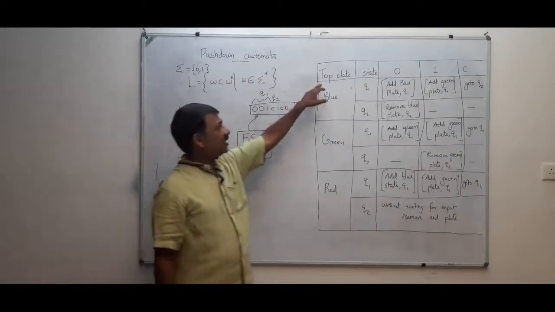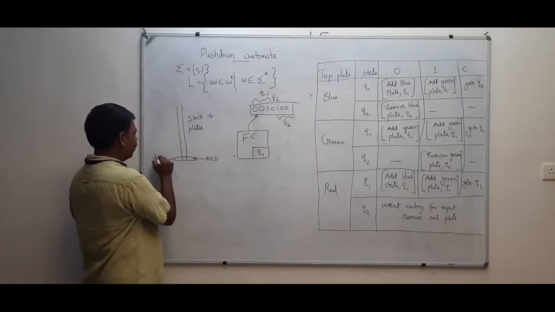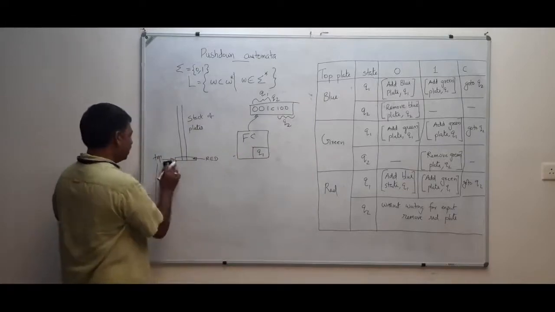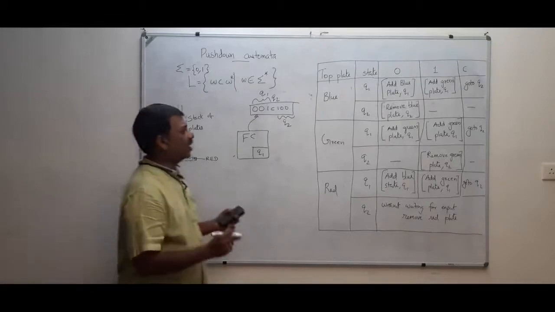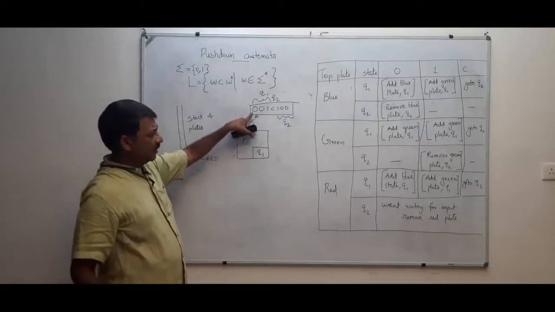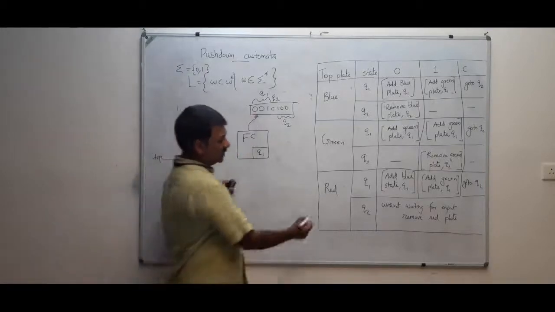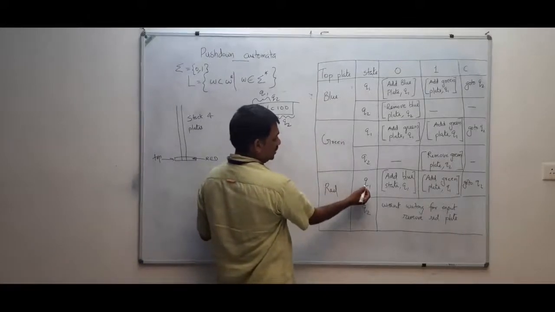Suppose that initially this is the top plate, and I'll show you how this is done. Suppose that a 0 is coming, and suppose that the top plate is red, and now the state is q1.